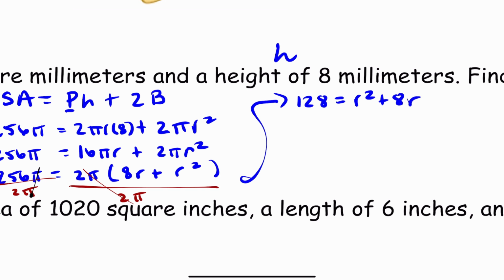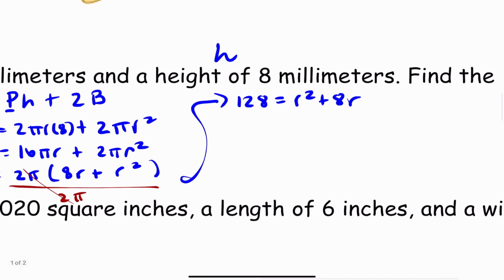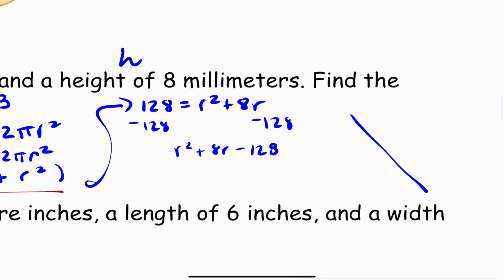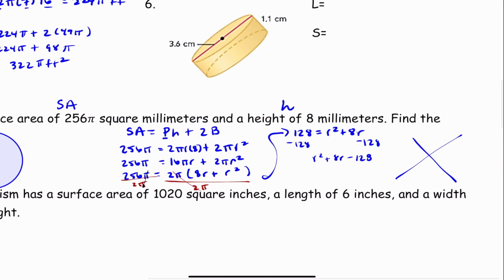All right, and now I see a number here, and I have something that looks quadratic-ish, okay? And I'm going to tell you right now, if I subtract both sides by 128, I get r squared plus 8r minus 128, and this is where you're going to use the x method, and figure out those two numbers, those two factors.